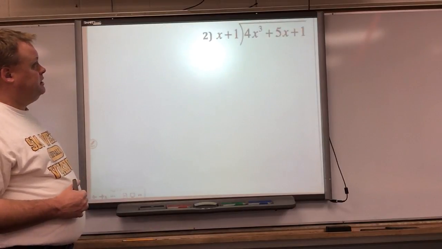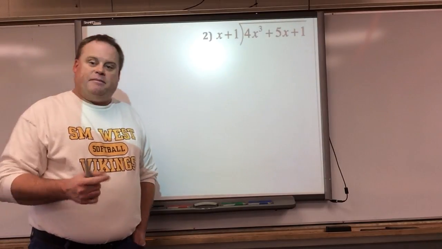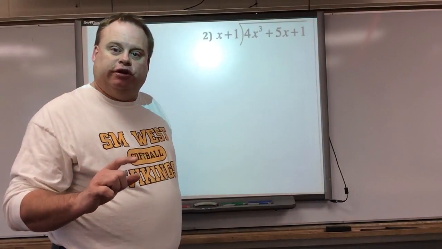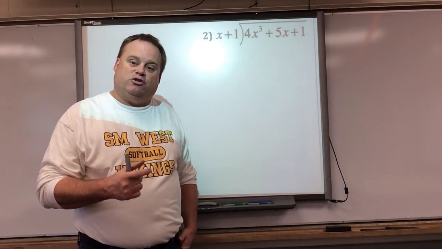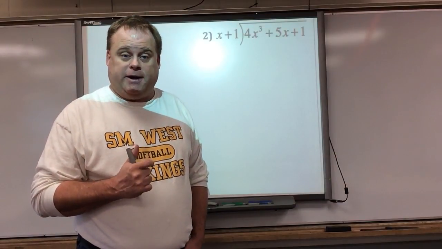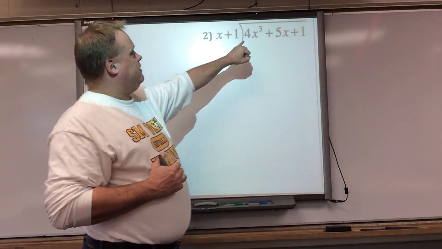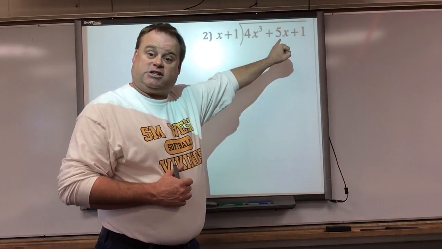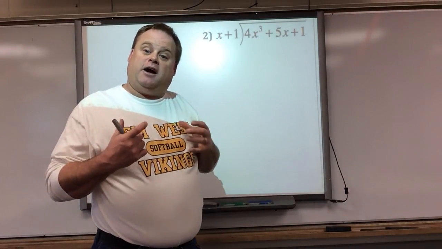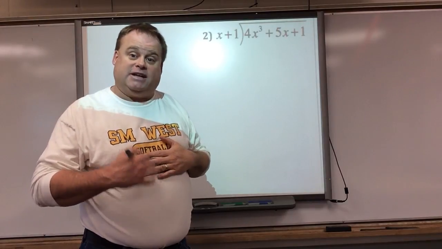Moving on. Let's look at the next one. I made the second one a little bit more difficult, and I want to remind you about something. Remember, we always got to make sure these are in standard form, right? So if I look at this one, I've got a 4x cubed plus 5x plus 1. I'm missing an x squared term. As we have talked about, if it's missing, we've got to add it.